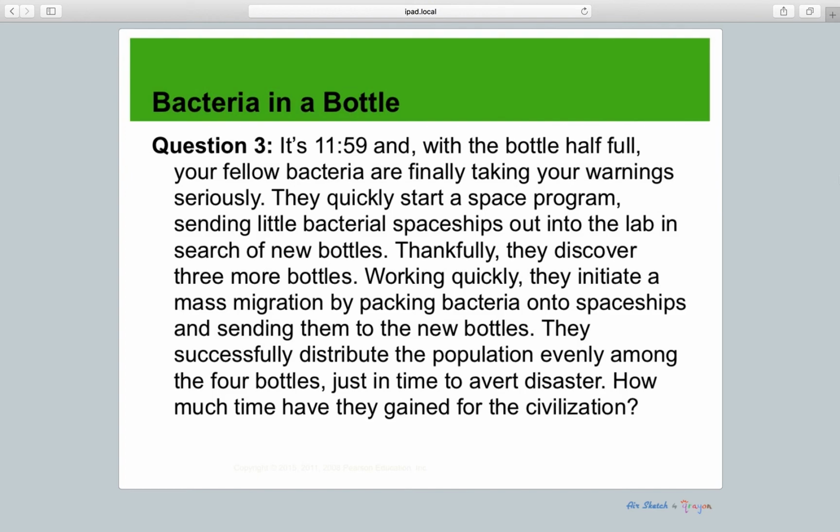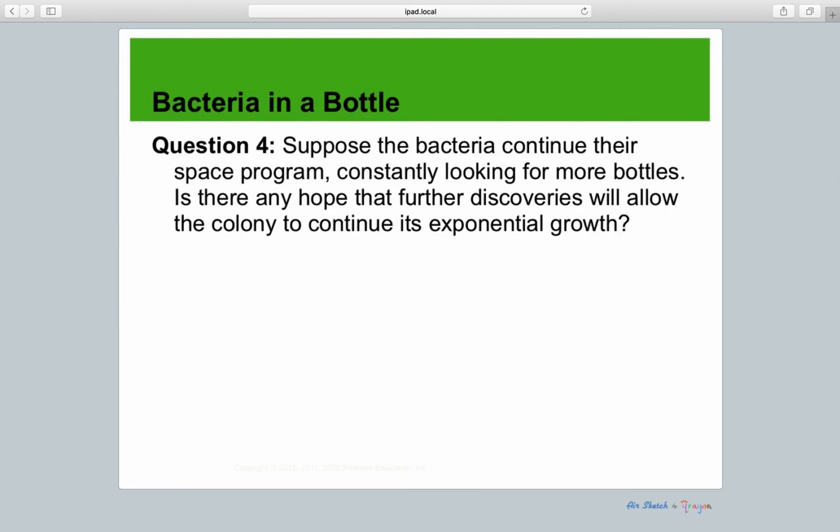So, you've effectively quadrupled your living space. But the problem is, think of it this way. At 12, there's 1 full bottle. That means at 12:01, the bacteria are going to double again.